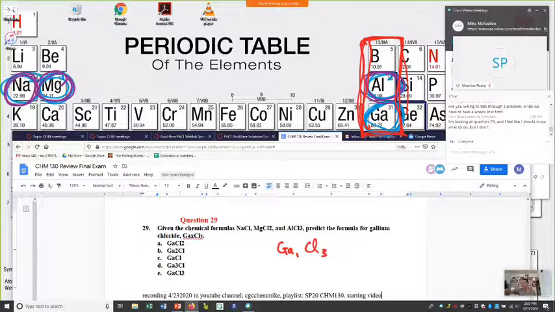So how could we make this potentially more challenging? Well, instead of giving you sodium, what I would argue would be a better question would be to give you, say, zinc. Now it becomes a much more difficult question, because we see two ways that we could establish relationships.